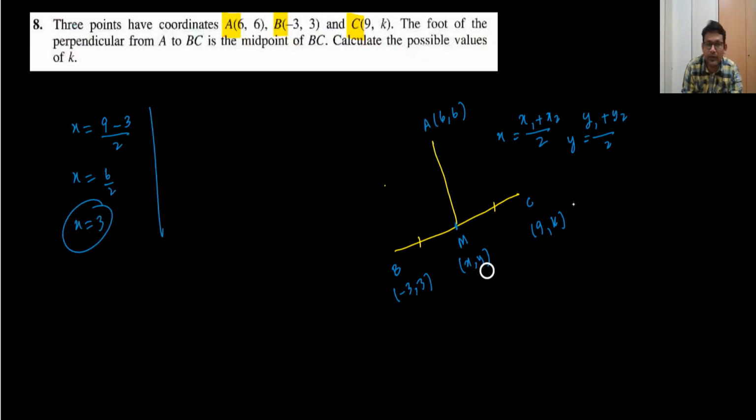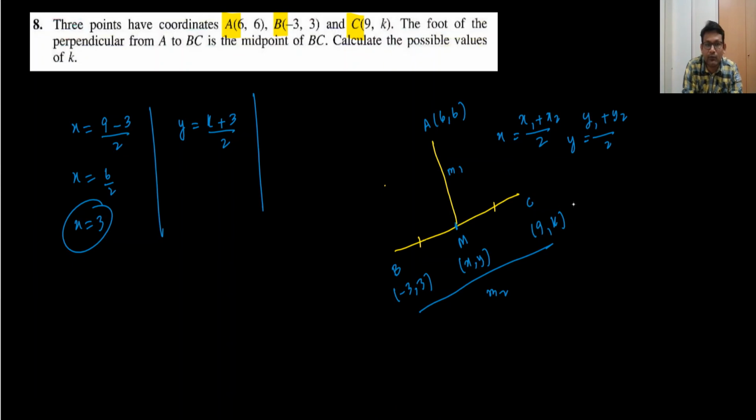And if you want to find the value of y, you cannot get it because k is also unknown: (k plus 3) divided by 2. So we should know the value of y to get the value of k. To find the value of y, we can do one thing. We can use m1 and m2. From m1 and m2, you can find the value of y.